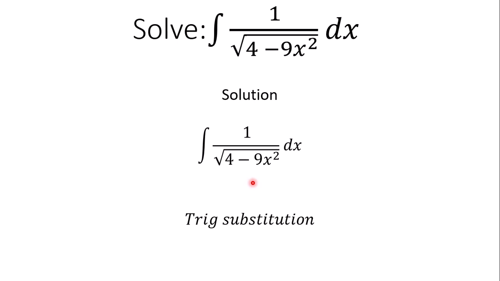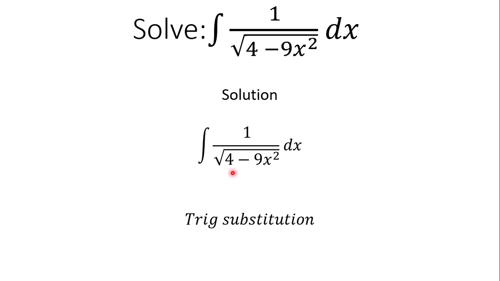Since we are going to use Pythagoras theorem, this 9x squared can be written as 3x all squared. And this 4 can be written as 2 raised to the power 2.